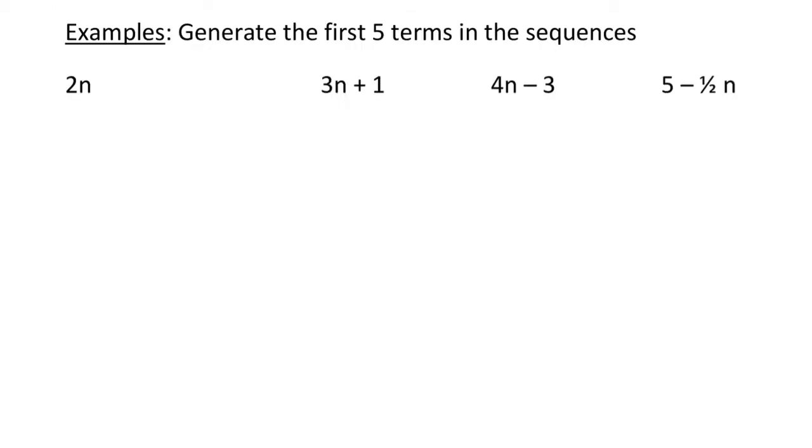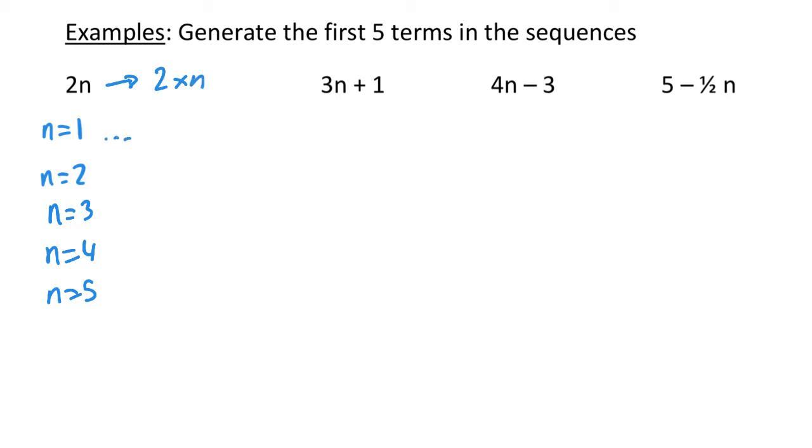So let's look at these examples. We want to work out the first 5 terms in the sequence. So that's whenever n equals 1, n equals 2, n equals 3, n equals 4, and n equals 5. And what we do is we substitute those into 2n. 2n, remember, is 2 times n.